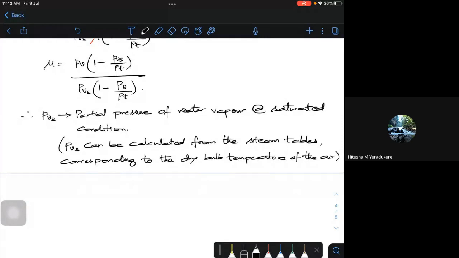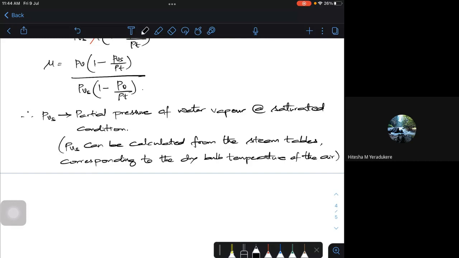If the relative humidity is more, it will absorb less moisture. This is very, very important when you are designing your air conditioning. That's one thing you have to always remember.